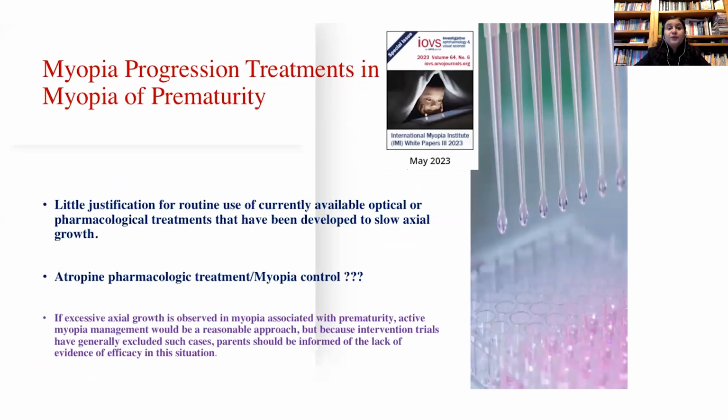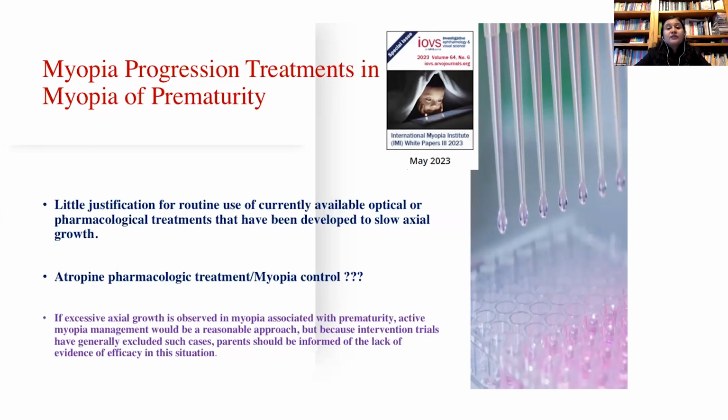So what about myopia progression treatment in myopia of prematurity? There is little justification for routine use of currently available optical and pharmacological treatments. Still, atropine treatment and various myopia control glasses are questionable, and the IMI white paper stresses that if excessive axial growth is observed along with prematurity, active myopia management would be a reasonable approach.